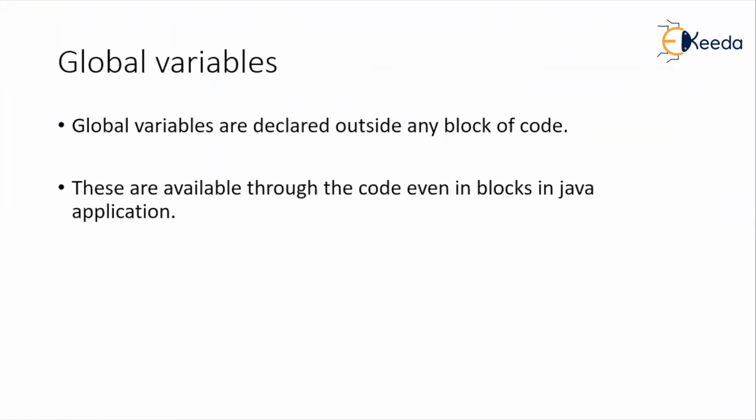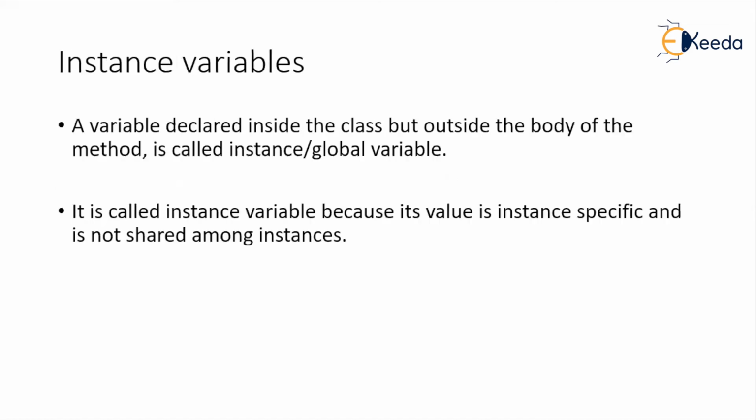Global variables are the variables which are declared outside any block of code. And these global variables are available throughout the code and even in the blocks in a Java application. Now, global variables are always referred to as instance variables if they are non-static data members.